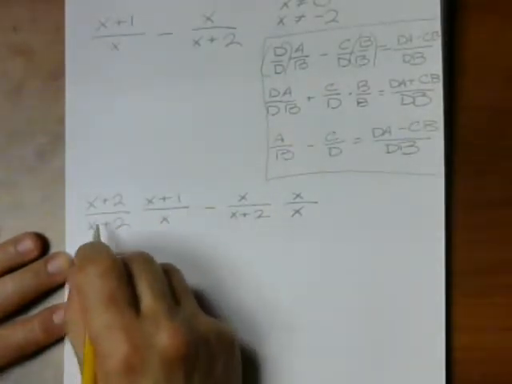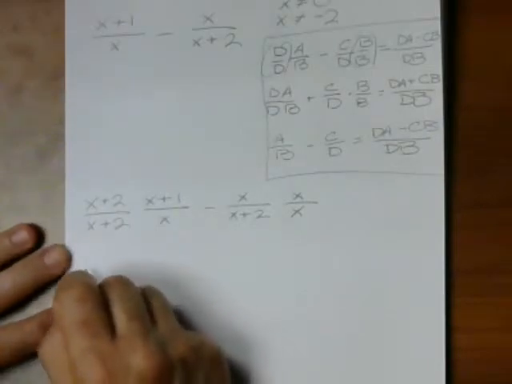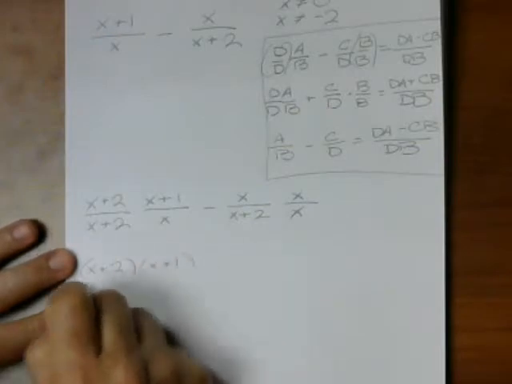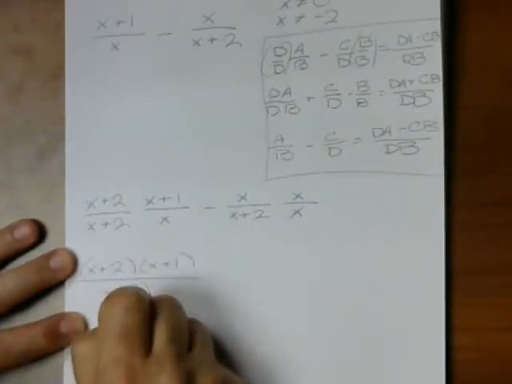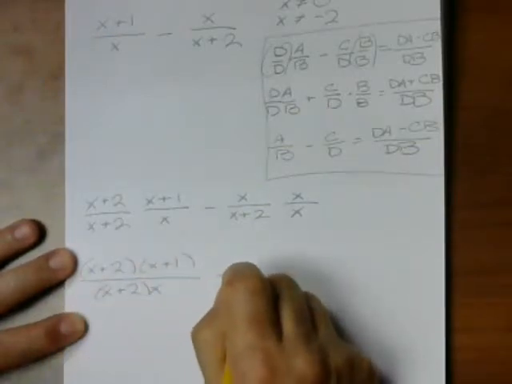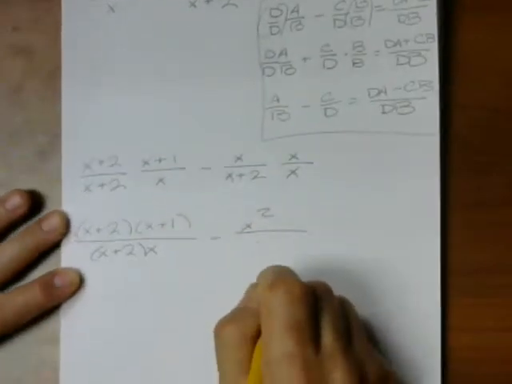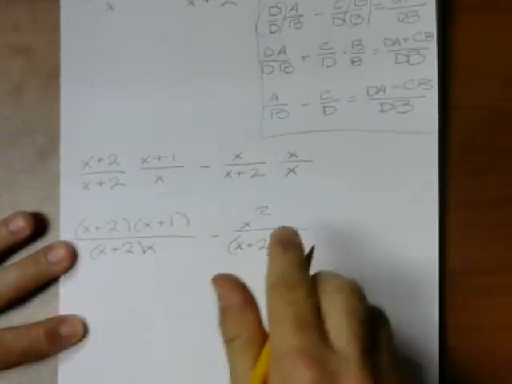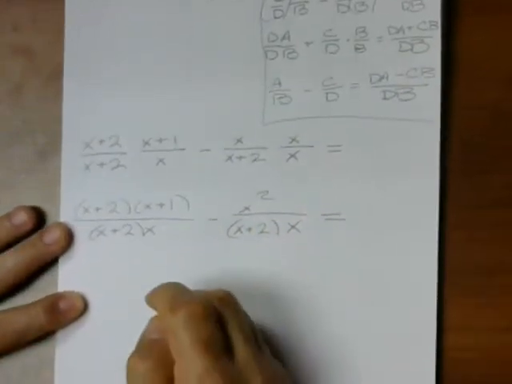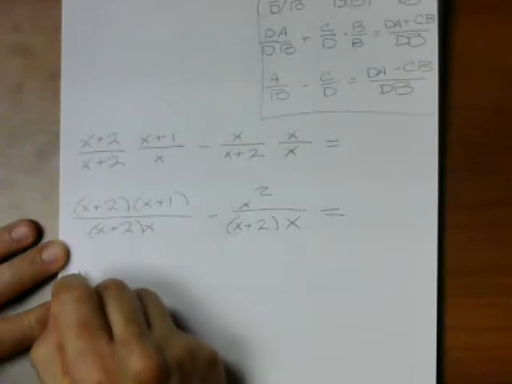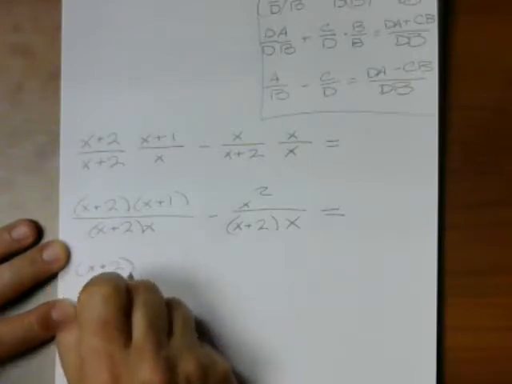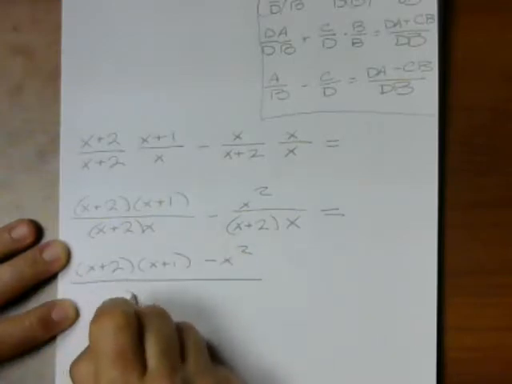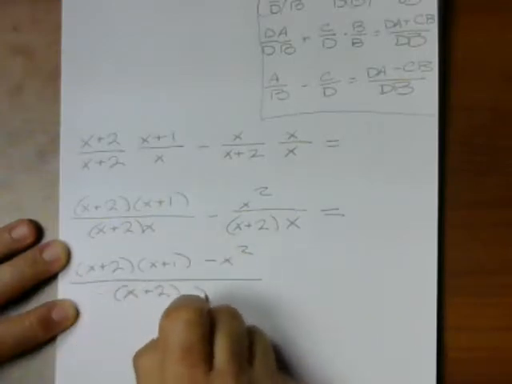So over here, I'm going to have x plus 2 times x plus 1 over that minus x squared over that. These denominators are now the same. So what do I have? I have x plus 2 times x plus 1 minus x squared over x plus 2 times x.